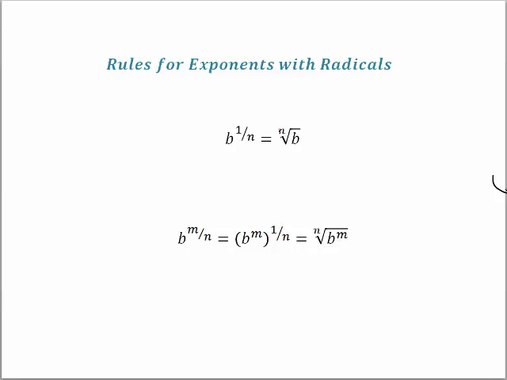And the variable n becomes what we call the root, or the index. And then the variable b stays within the radical. So we can easily take a complicated fractional exponent and change it into a radical.